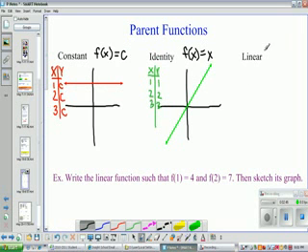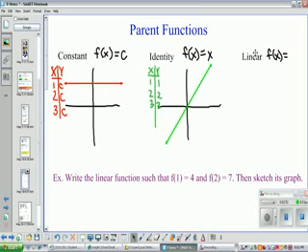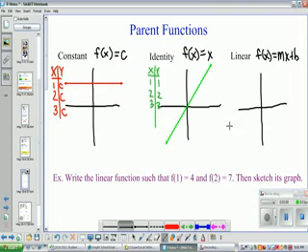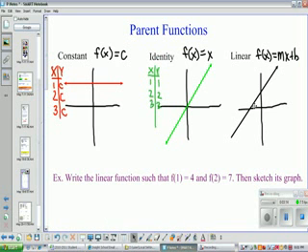A linear function in its general form is mx plus b. So b is that y-intercept, and m is the slope. So it looks something like that. It would look like this if it was a positive slope.